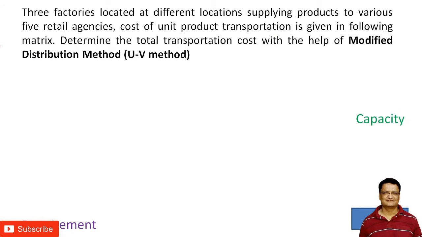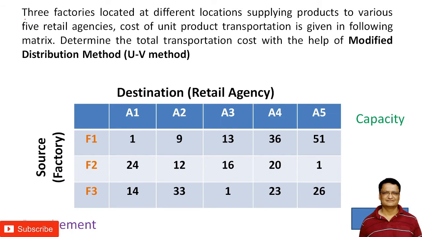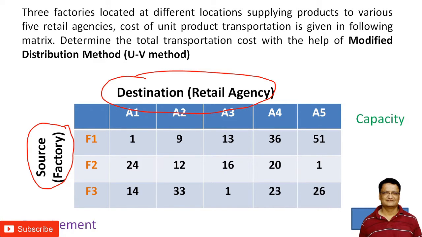So, the statement of the problem is like this. There are 3 factories located at different locations supplying products to 5 retail agencies. So 3 factories are the source factories, and they are supplying products to the 5 destinations, that is, to 5 retail agencies. Cost of unit product transportation is given in the following matrix.